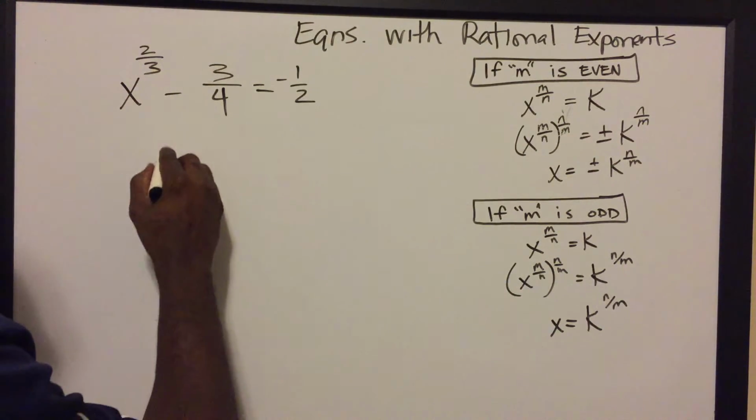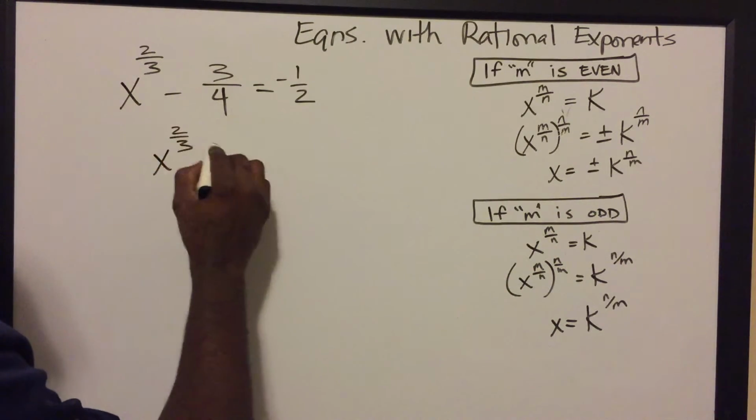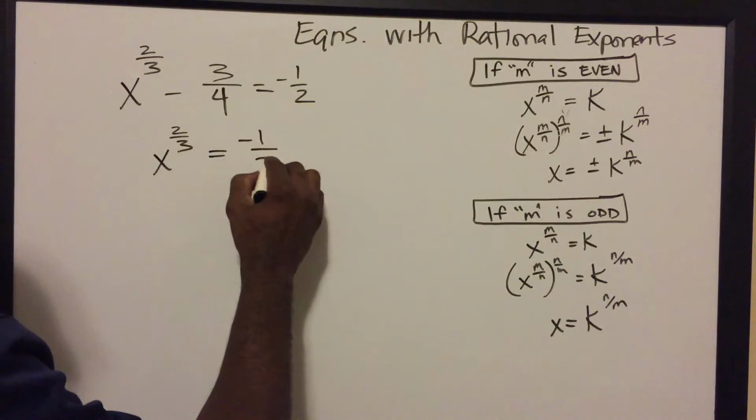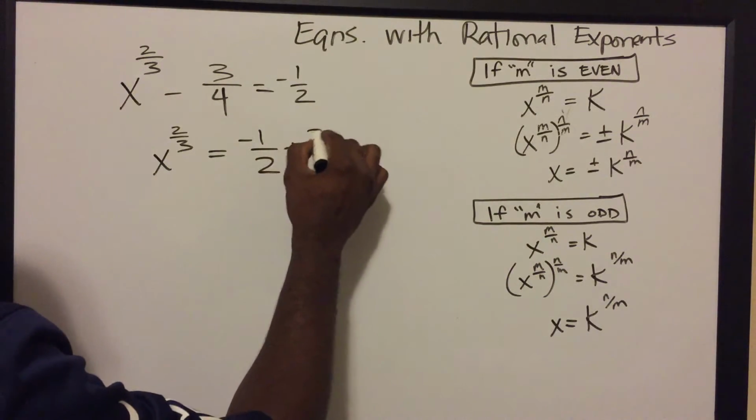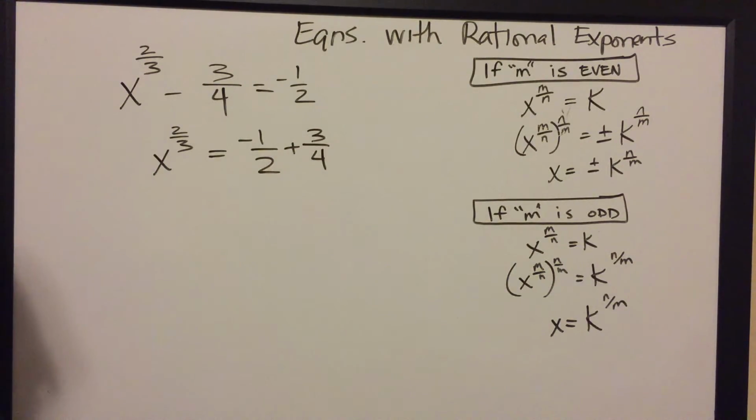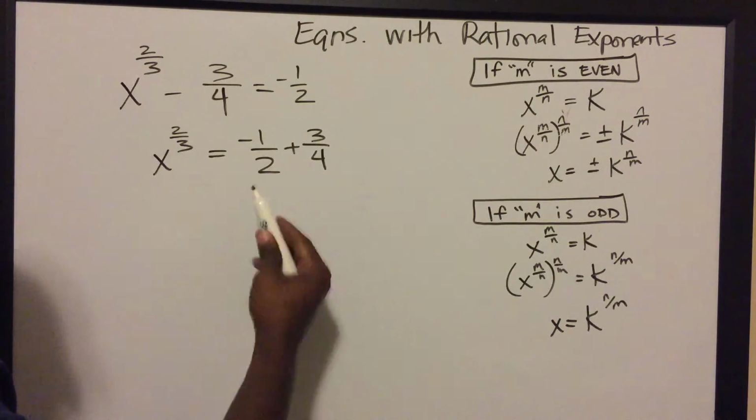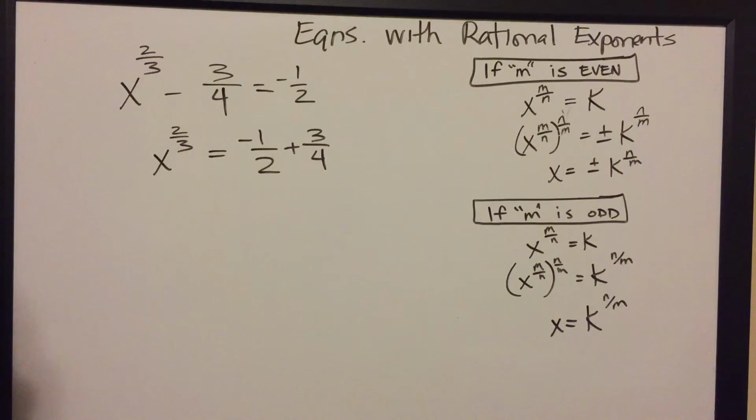Get this over there. So it's x to the 2/3 is equal to -1/2 plus 3/4. Well, our denominators are different here, so we have to find that common denominator and then solve it that way in order to get a whole number over there. Once we do that, we know that x to the 2/3 is equal to 1/4.